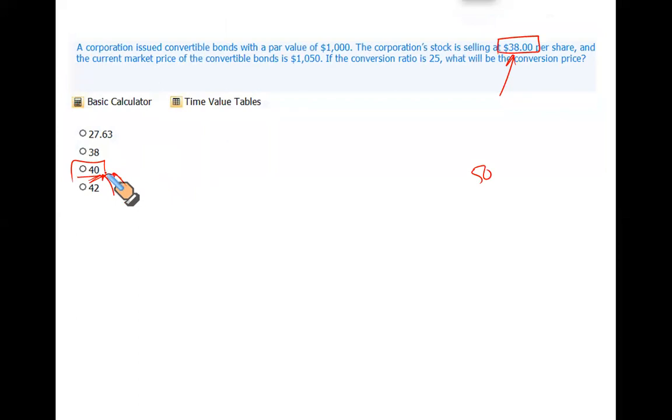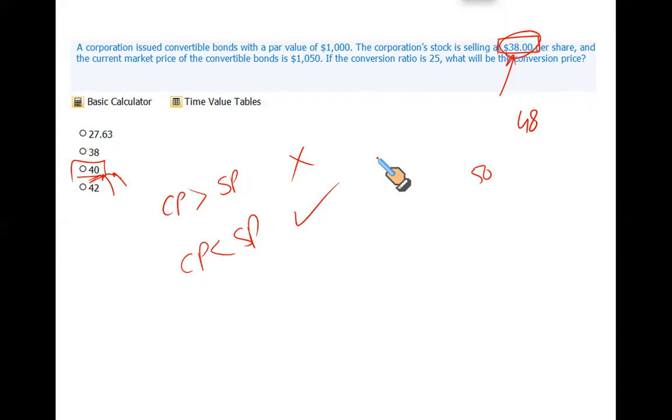The conversion price was $40, whereas the stock price is 38. Your conversion price is more than the stock price. In this case, you should not convert. Conversion price is higher than the stock price. But let's say if the stock price was 48 and the conversion price was 40, in that case, you should go for it. You should go for the conversion.